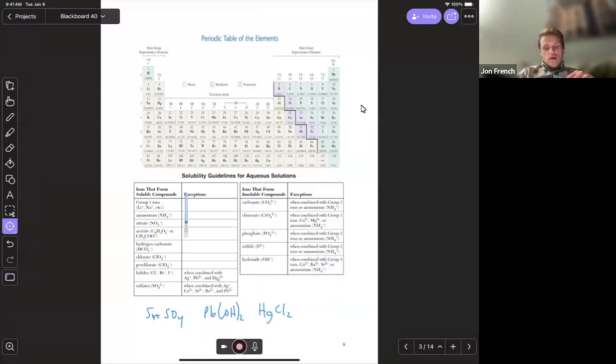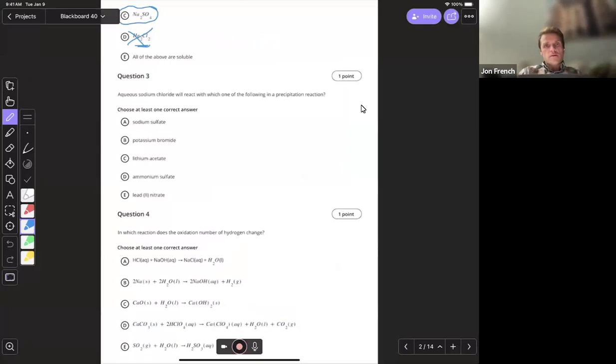Chloride is soluble unless it's with mercury. We've got mercury, so it would be insoluble. And the sulfates are soluble unless they're silver, calcium, or strontium. We have strontium sulfate, so all three of these would be solid. They would not go into solution. However, sodium sulfate would go into solution.